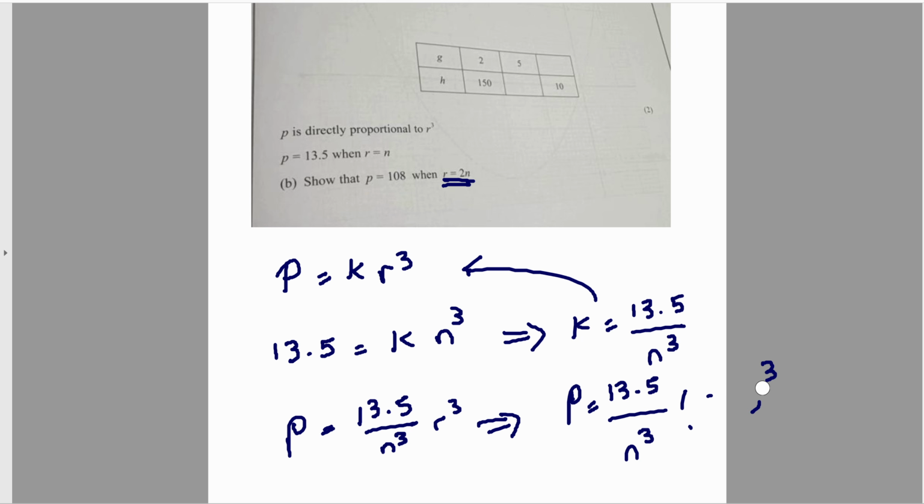So if I remove that and put 8N cube, the N cube cancels with the N cube if you put that over 1. And 8 times 13.5 is 108. So P is 108.